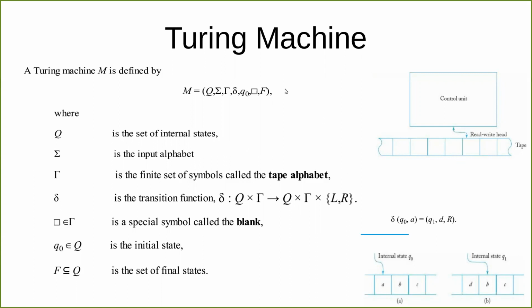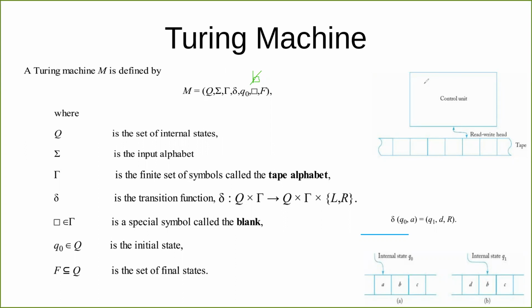is an element of this tau. This is the square bracket, or in some books it is described like this. This is the blank space.